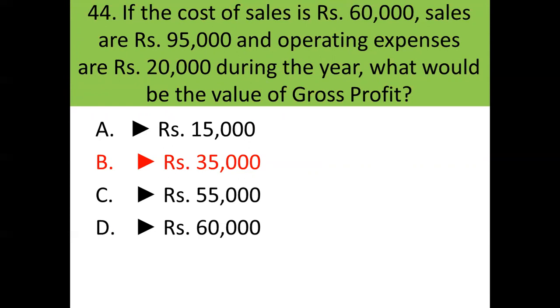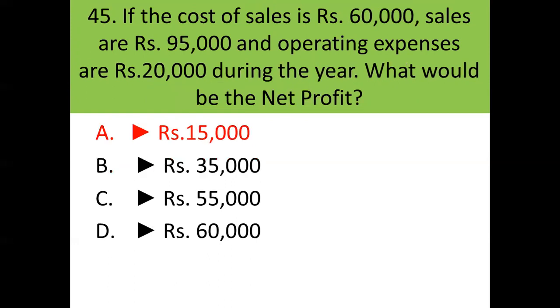As we know, gross profit is equal to sales minus cost of sales, and operating expenses will not be used in that. In our case, we take sales of 95,000 minus cost of sales of 60,000, and remain with 35,000 as gross profit.